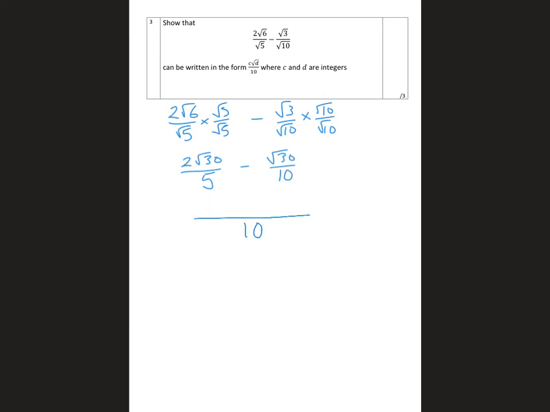The first one, I need times the bottom by 2 to get 10, so I need times the top by 2. So 4 root 30, take away root 30. And I've got 4 root 30s, take away 1 root 30. That leaves me with 3 root 30 over 10. So c is 3, d is 30.